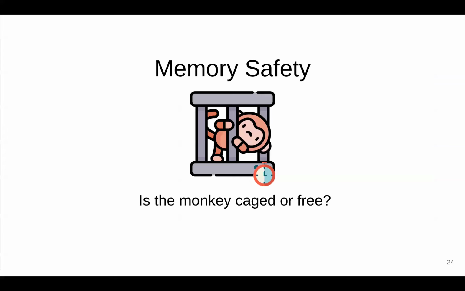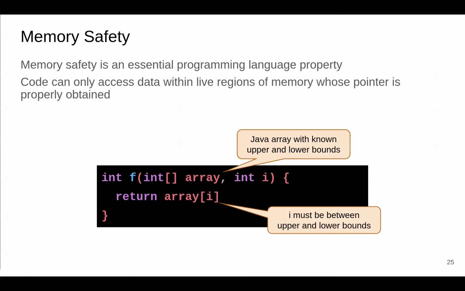So we talked about type safety. I already mentioned memory safety a couple of times. We're going to look into memory safety in a bit more detail. So memory safety is an essential programming language property, which means that code can only access data within live regions of memory whose pointers are properly defined.